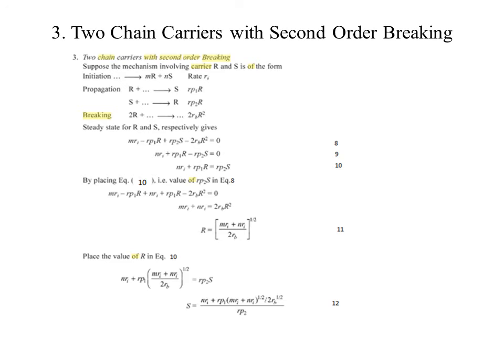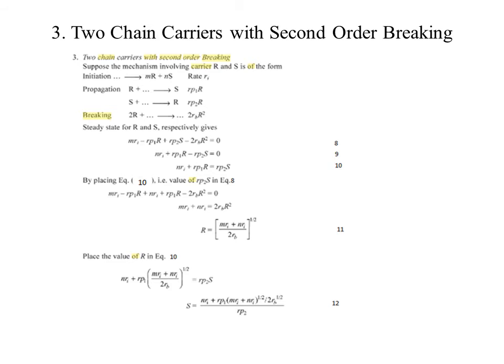Now putting the value of R from equation 11 into equation number 10, then we will get MRI plus RP1 into the square root of (MRI plus NRI over 2RB), that is equal to RP2S.